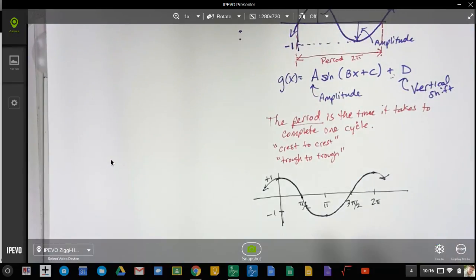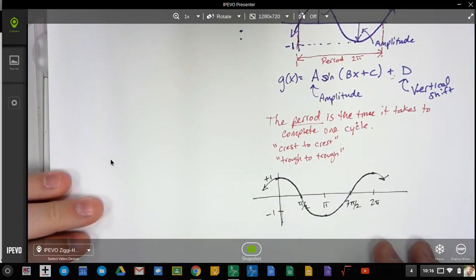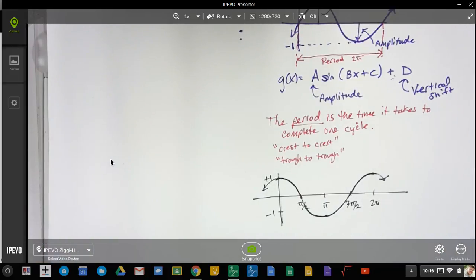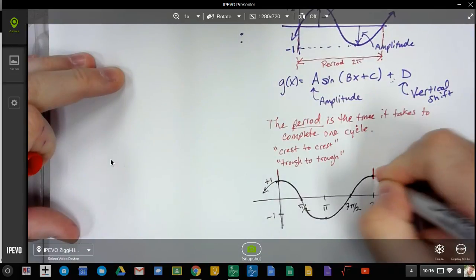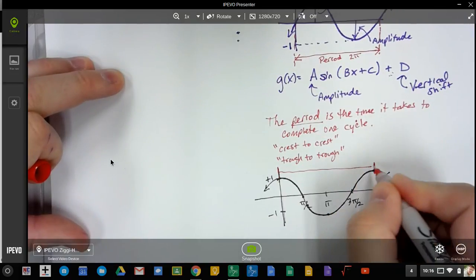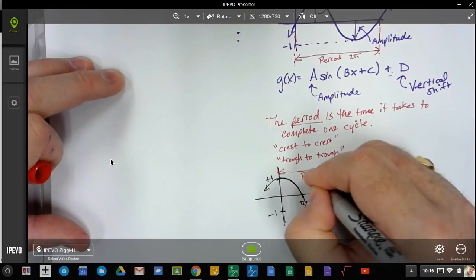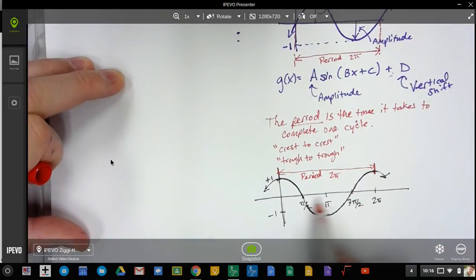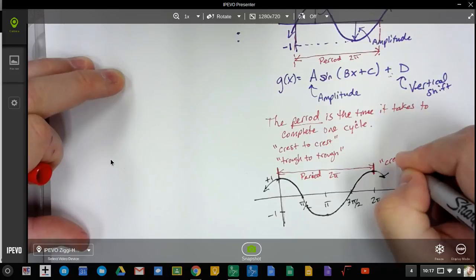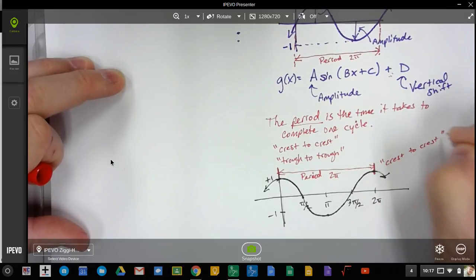Do you see that? If I'm measuring between crest and crest, that's also the period of 2 pi, because one complete cycle, high point to high point, is 2 pi in length. If I continue on, I could go trough to trough, but that's what we mean by crest to crest.